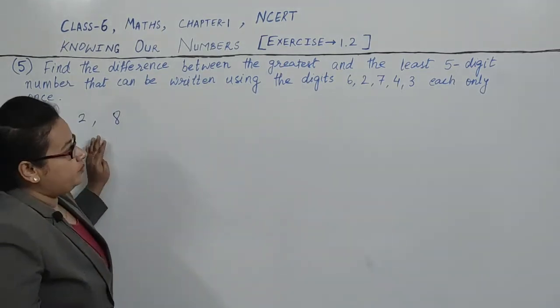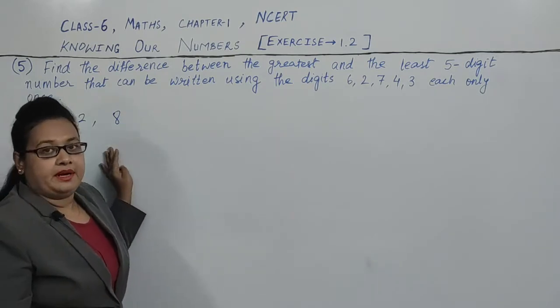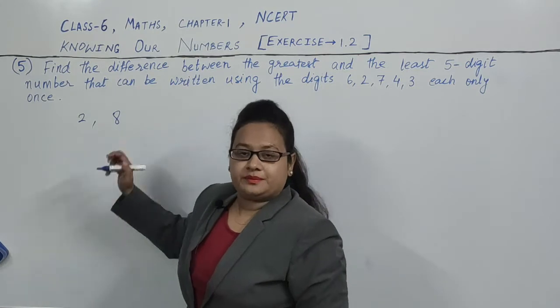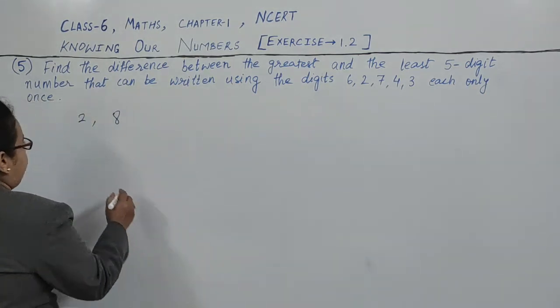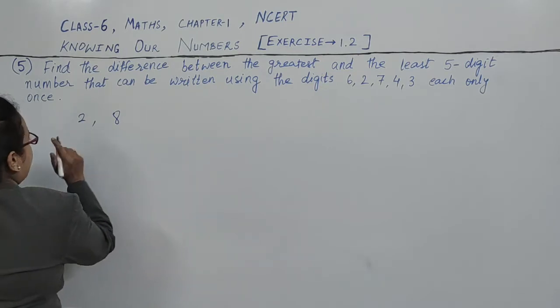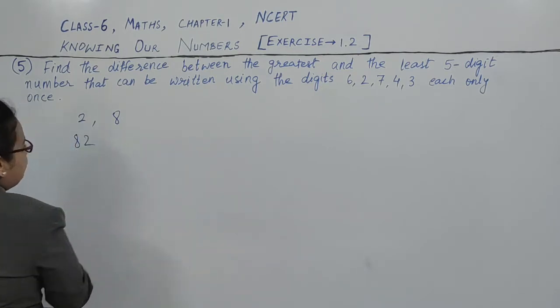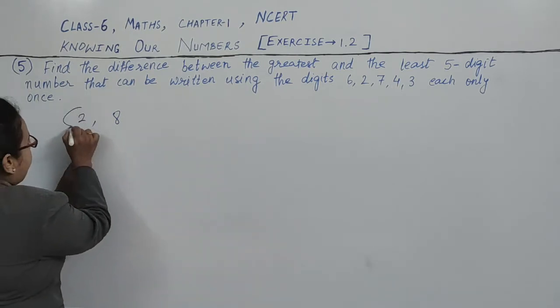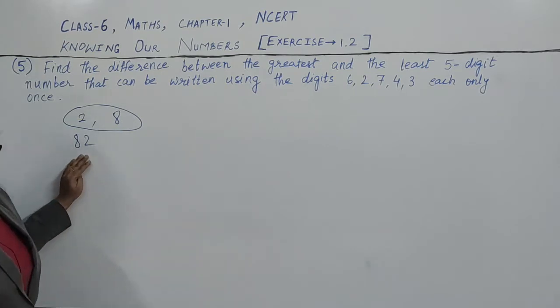The greatest number which can be formed with these 2 digits is 82.